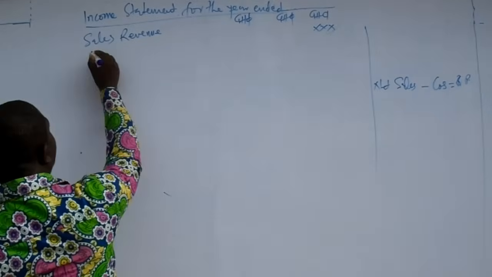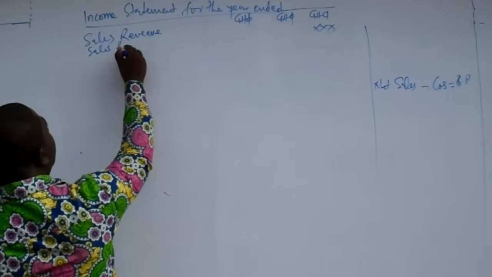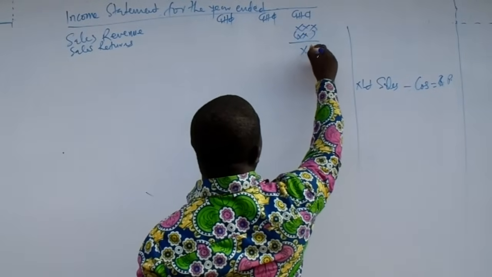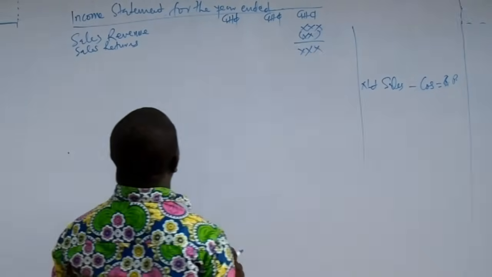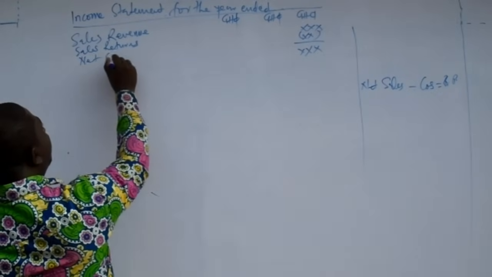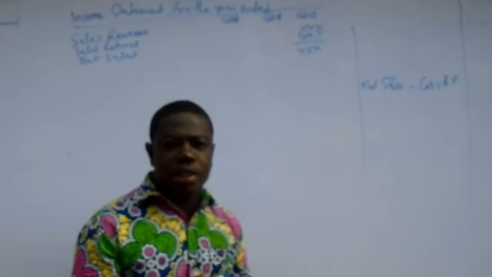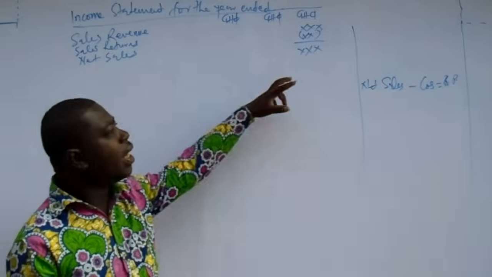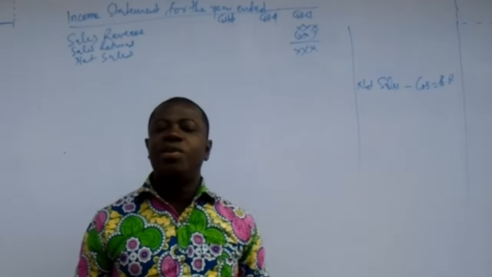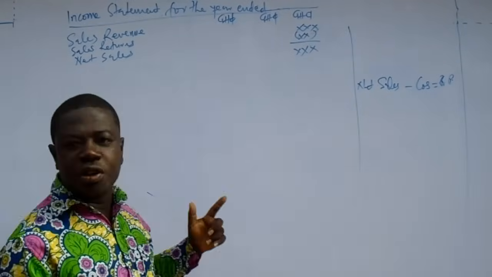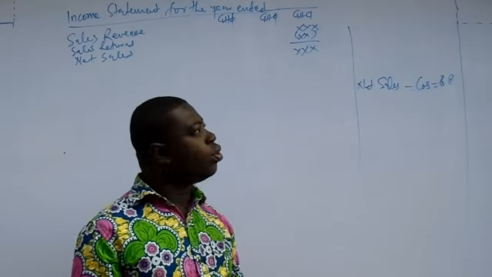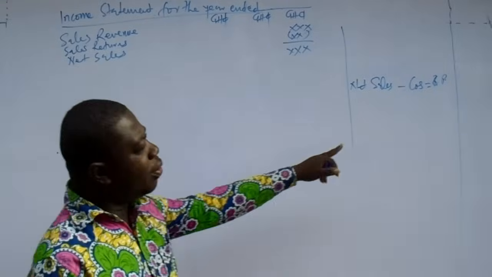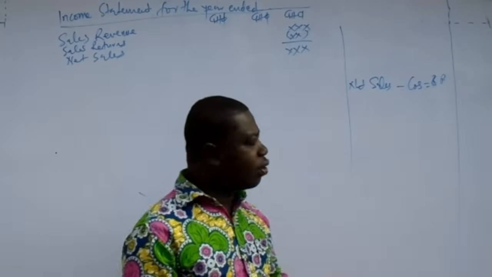If there is any adjustment on the sales returns, it will be subtracted from the value of the sales revenue, and then you have your net sales. Your sales minus any sales returns gives you your net sales. Now in a question where there are no sales returns, your sales revenue or your turnover equals your net sales. Alright, and then from here we take out our cost of sales to get the gross profit.